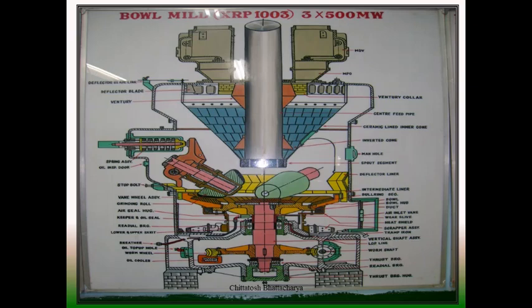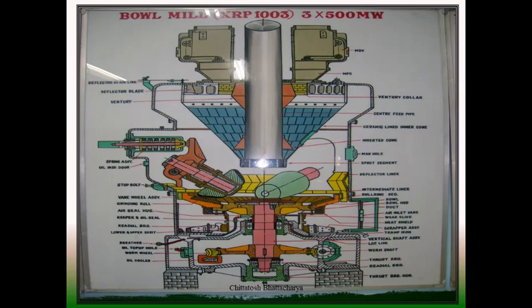Now a bit more detailed discussion on the constructional features. In general, a 6.6 kV 3-phase induction motor is used. These are vertically placed milling systems, and the motor rotates the worm gear in the gearbox. The worm wheel is there, and as a result of its rotation the vertical shaft rotates the bowl.